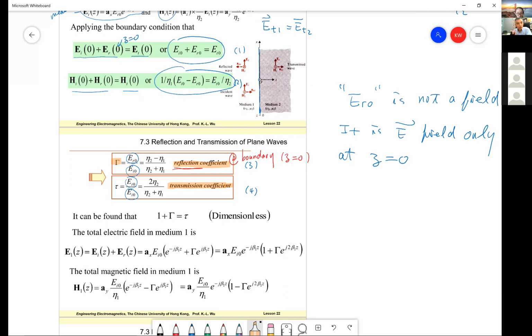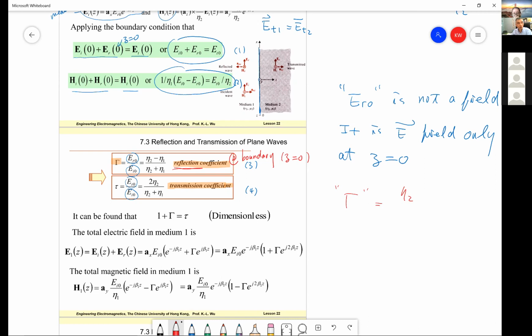Another important observation is, if you look at gamma, in this case, that's determined by eta 2 and eta 1, which are real numbers for now, okay?